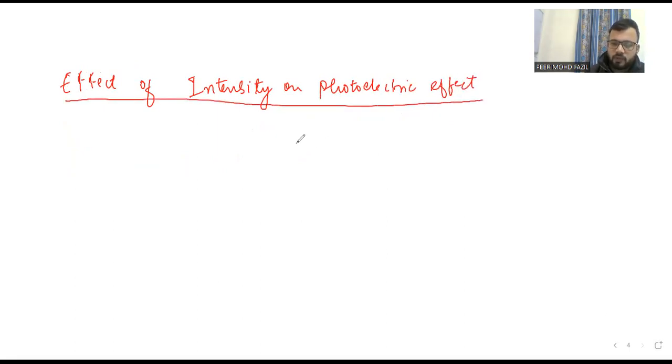This is very important from the exam point of view, and this has been asked many times. Dear students, you observe that if light of suitable frequency is falling on the emitter plate, the photoelectrons get emitted and they reach the collector plate. Okay, this will keep on going.